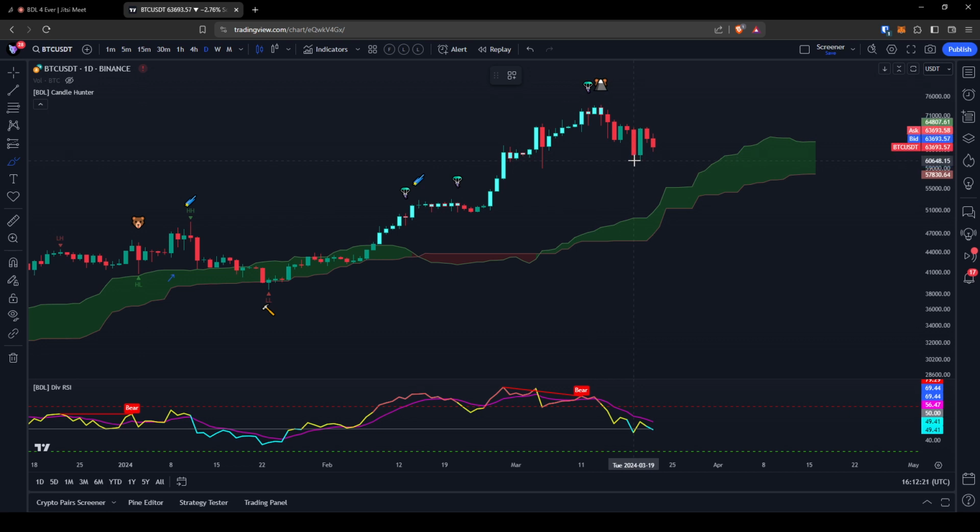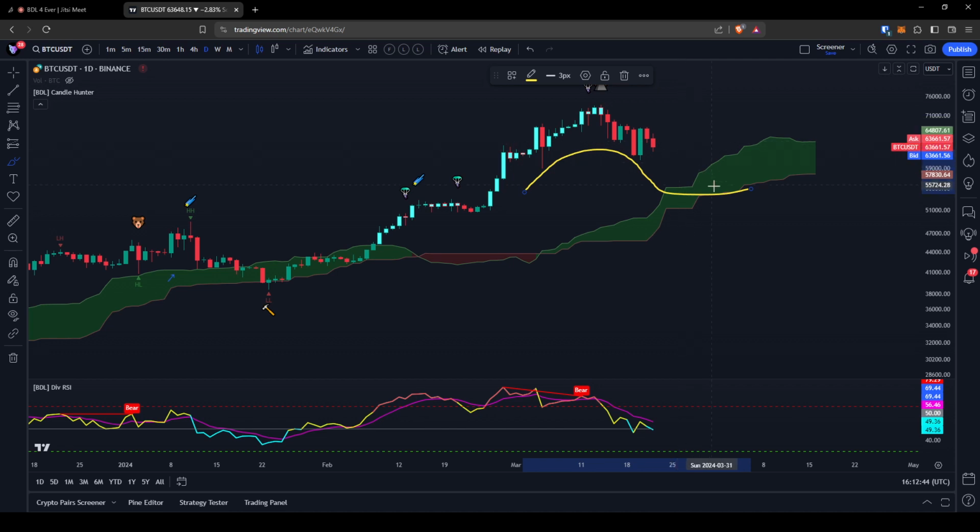We're still making higher highs, higher lows, and again we came above the horizontal line of the RSI, found support, moved up again. Now the question is if we're going to find support again in the cloud, and if so, the bull run could continue.